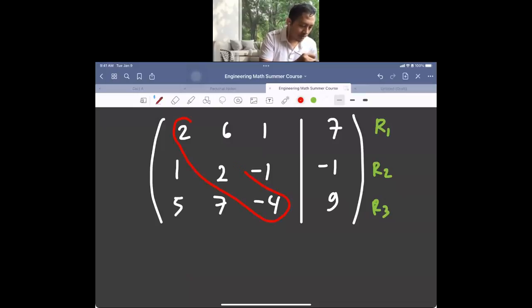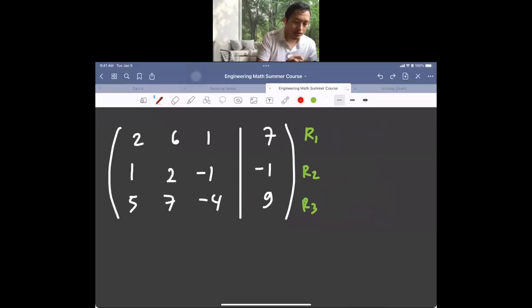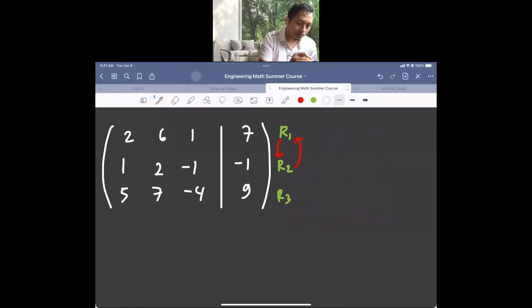What we want in this diagonal is to have 1, 1, 1, right? Now we have 1 here. So maybe we can exchange, which is also something you can do. Aside from plus and minus, you can exchange rows. So row 2 goes up and row 1 goes down.